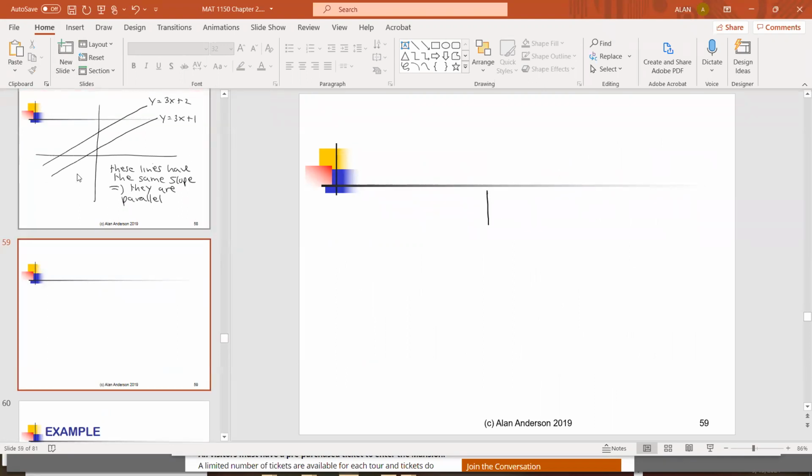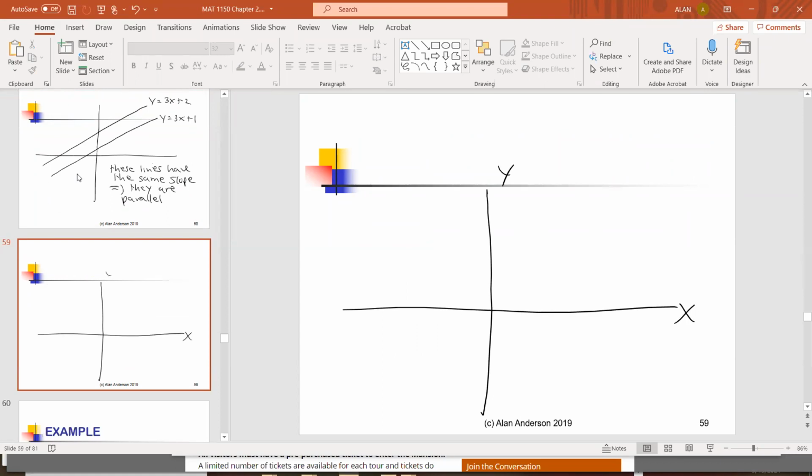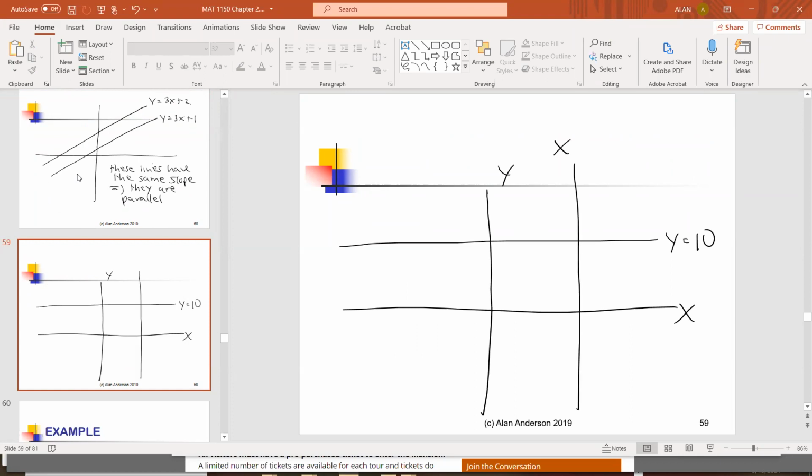Okay, let's say you have this. I'll do a simple case. This is a flat line. What happens when they cross? Remember this little symbol used?